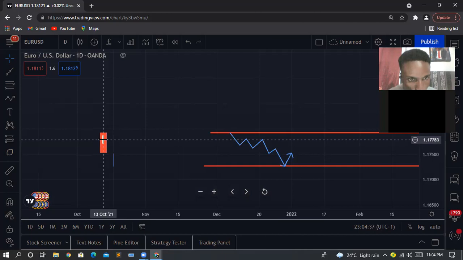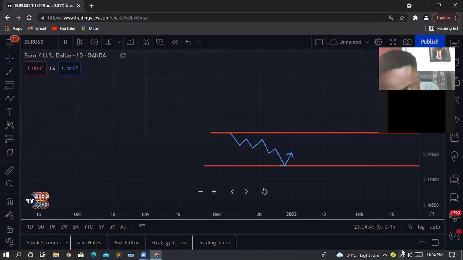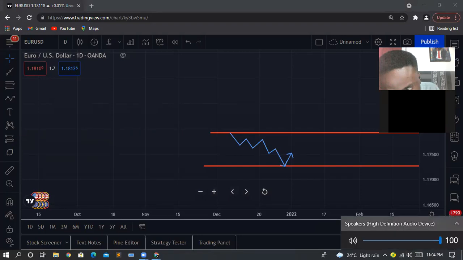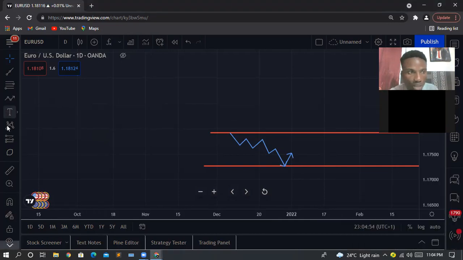The harami, the bullish harami. Can that small blue candle also be at the middle? At the middle, yes. Okay, you mean something like this?